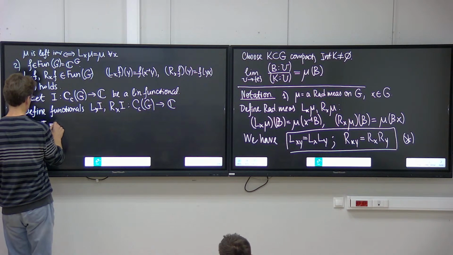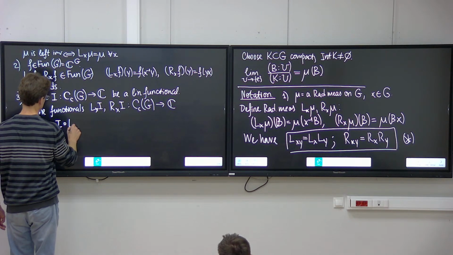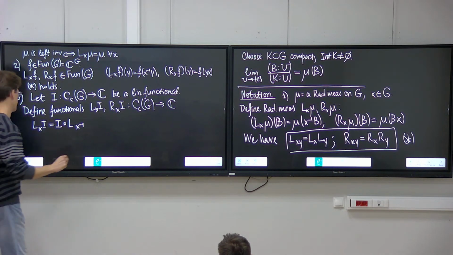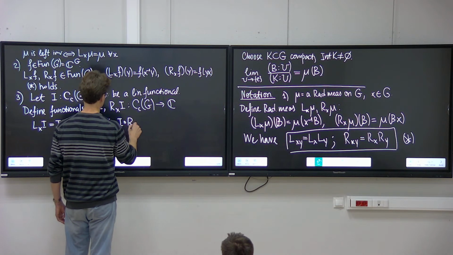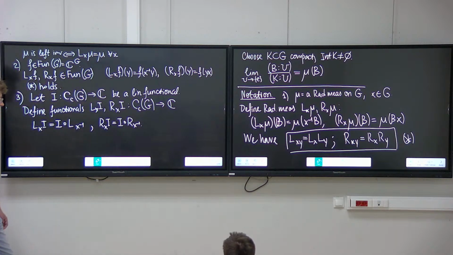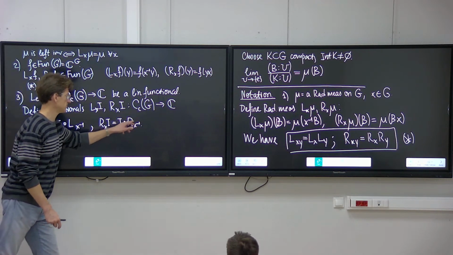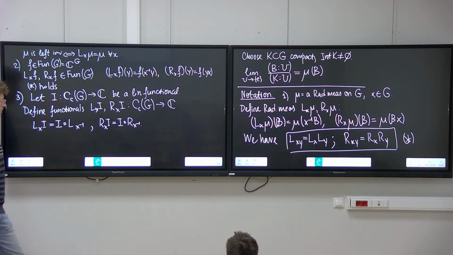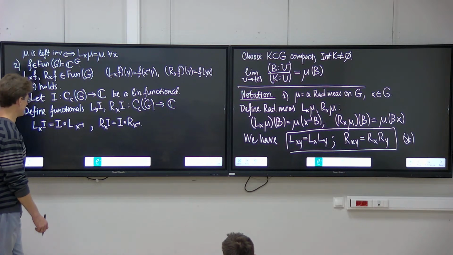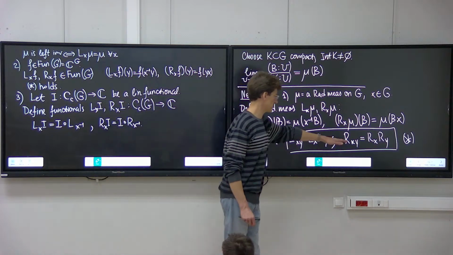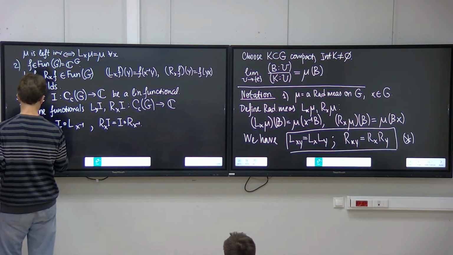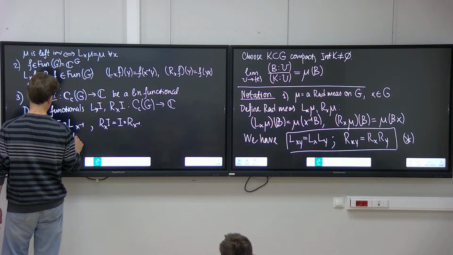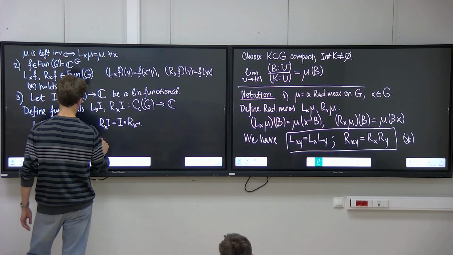Lx I is the composition of I and Lx inverse, and Rx I is the composition of I and Rx inverse. These two maps act on functions, so we just compose them with I, and we get two new functionals on the same space. Again, it's easy to show that we still have these formulas, now applied to linear functionals. This is a little exercise.